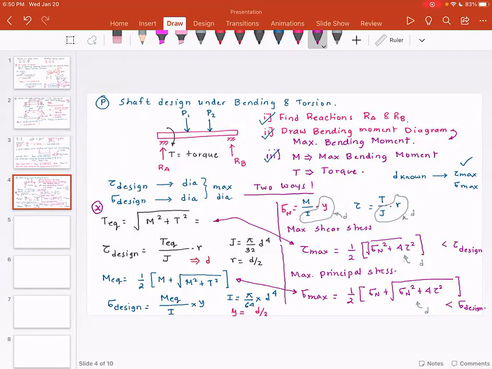So might as well stick to a consistent equation. Yes, in this problem, either the torque is given or alternatively power in kilowatts and speed in RPM is given. So torque is known.